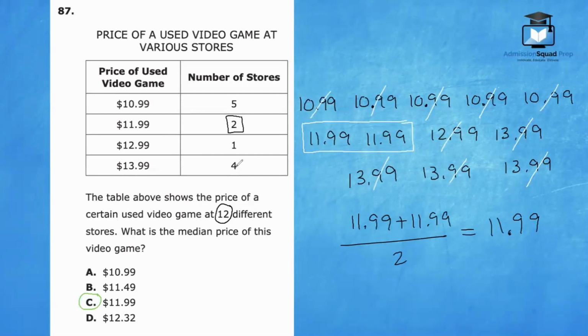From the top, we would have 1, 2, 3, 4, 5, and the 6th and 7th numbers would be right here. So you should be able to just use the table and your reasoning skills to arrive at the answer: the two middle numbers are 1199 and 1199, and then your goal is to find the average of those two middle numbers. 1199 plus 1199 divided by 2 is going to still give us 1199.